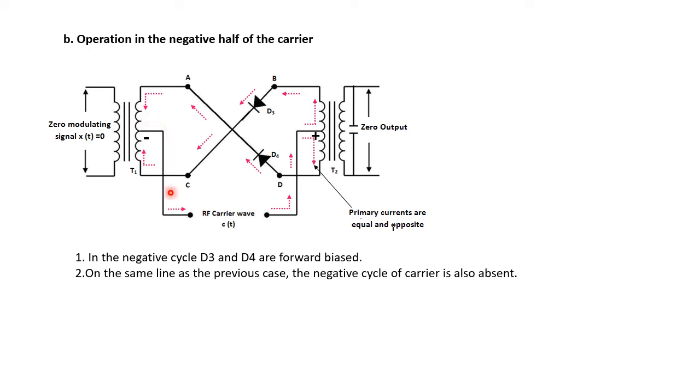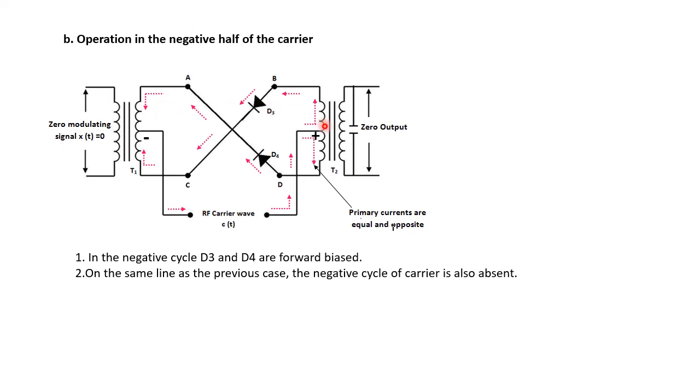It will pass through the two terminals between which the RF carrier is being applied. Then it will go upwards. It will move to the primary of the transformer T2. From the primary, it will come down and go to the diode D4. It will pass through diode D4, and again it will follow the same path as discussed previously.